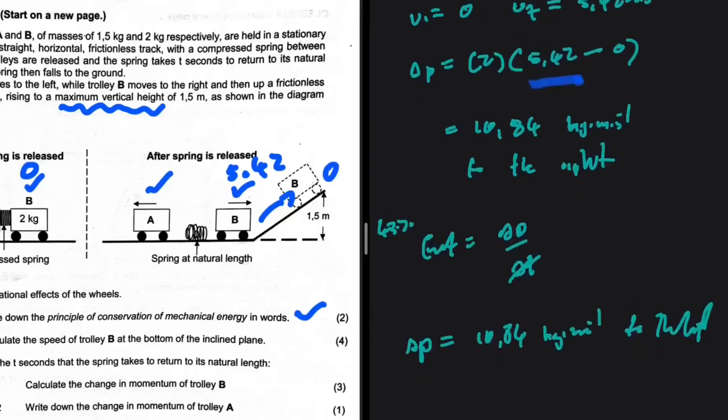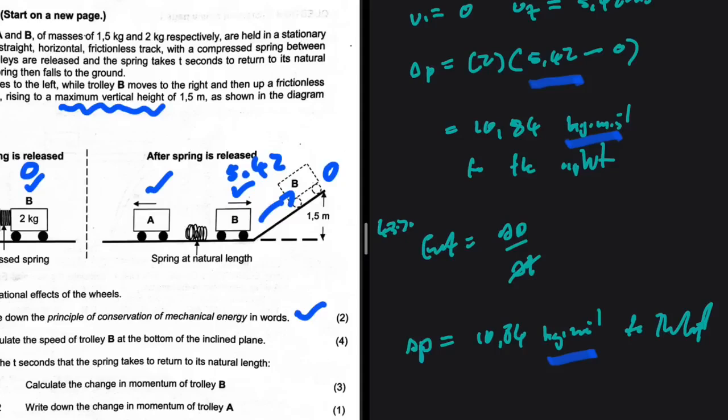Maybe what we can talk about is the SI unit here. The question is saying change in momentum. It is not saying impulse. So should the SI unit be kg meters per second, or should it be newtons multiplied by second?